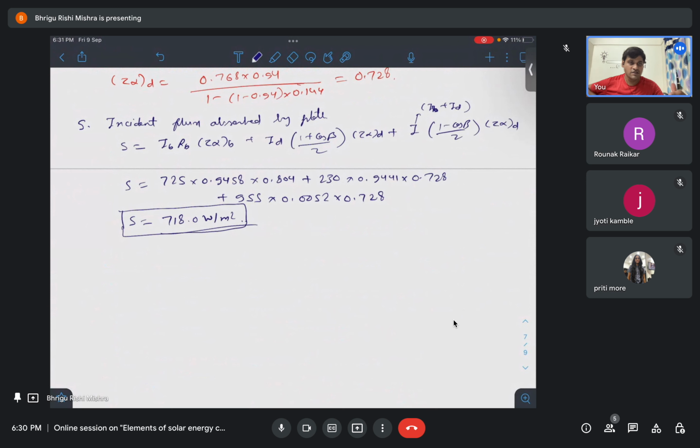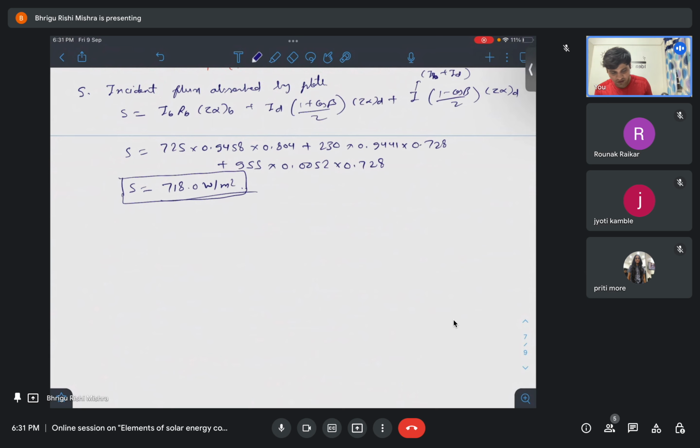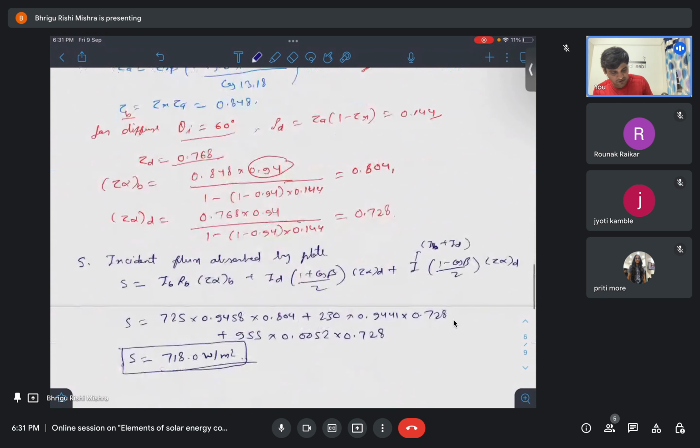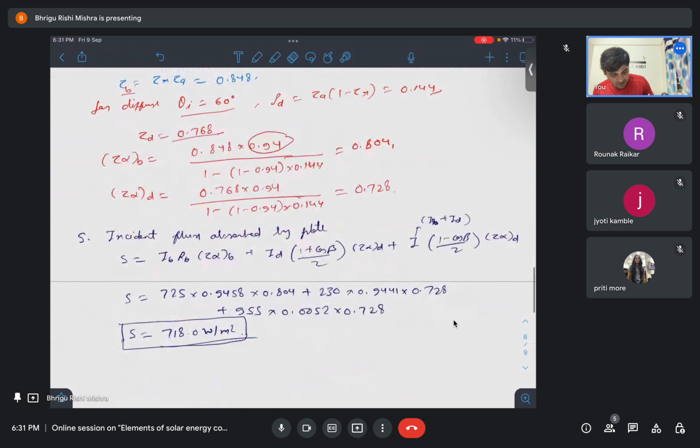If you increase the number of glass covers, maybe this loss is reduced, which we have seen, and we will also see some questions on how the number of glass covers affects it. I think this one is the fourth one, not the fifth one. So now the fifth one is the collector heat removal factor and overall loss coefficient.